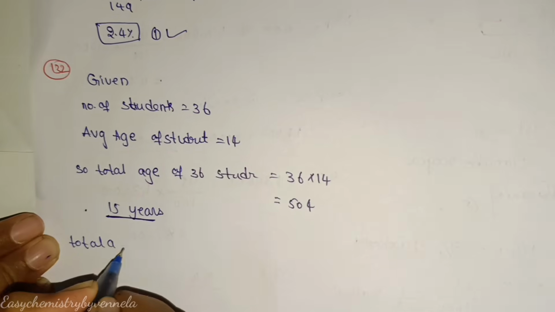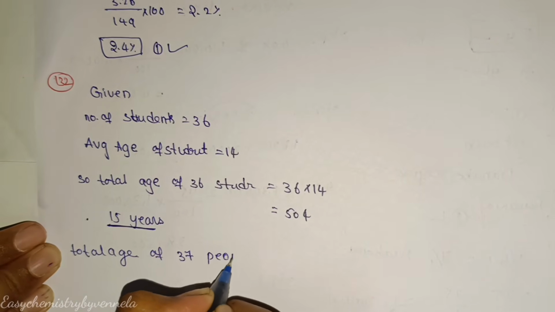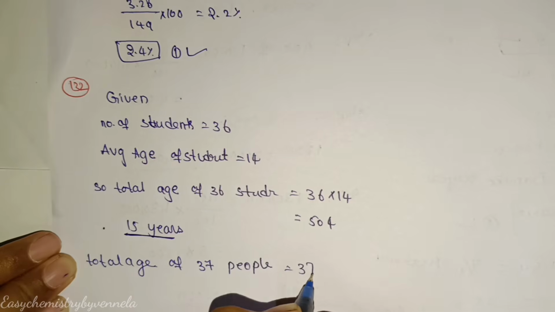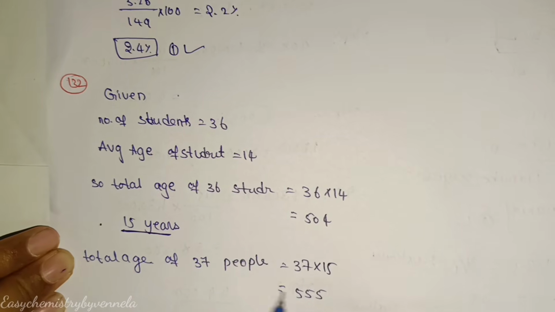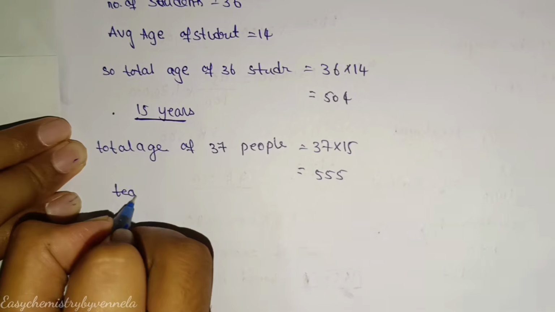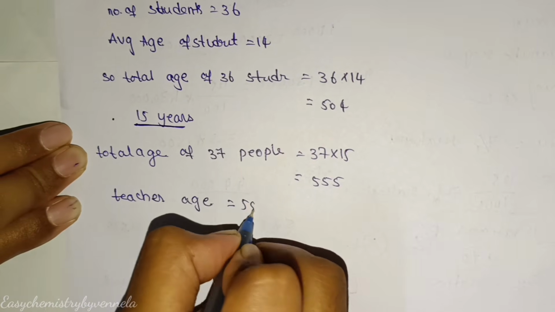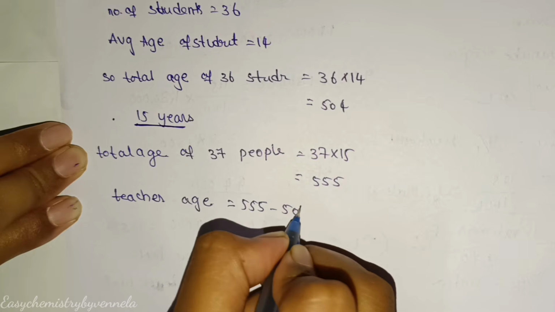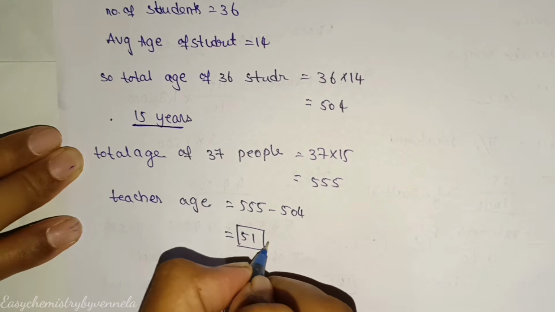Total age of 37 people is equal to 37 into 15. So 555. Teacher's age is equal to 555 minus 504, that is 51 years. So the correct option is the third one.